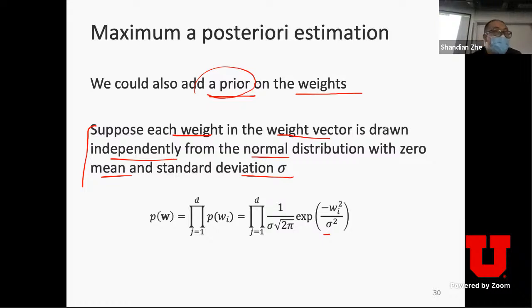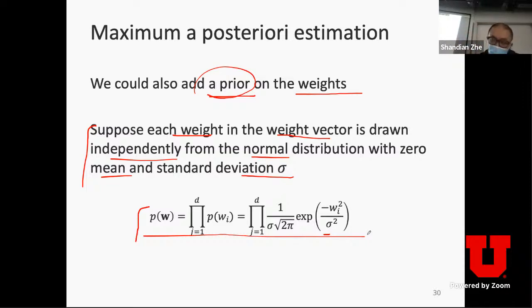Why not choose the mean to be 1 or -1? There's no rule that you must do so. You are free to choose whatever. But this one is commonly used, and it works pretty well in many applications. So in practice, if you want to add some prior, you can start with that, unless you have strong empirical evidence showing that you should choose other priors.